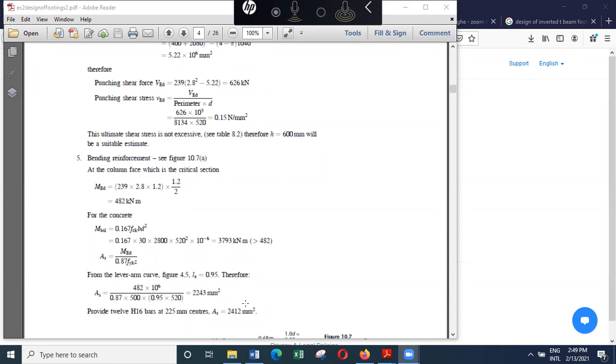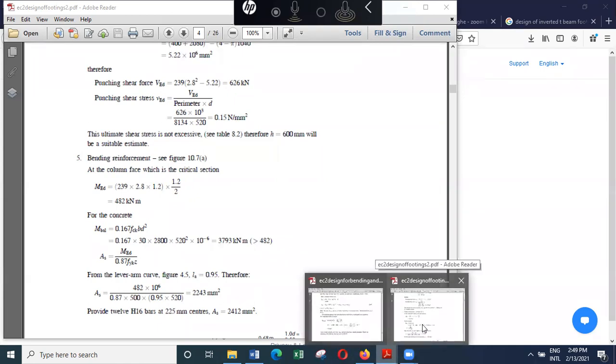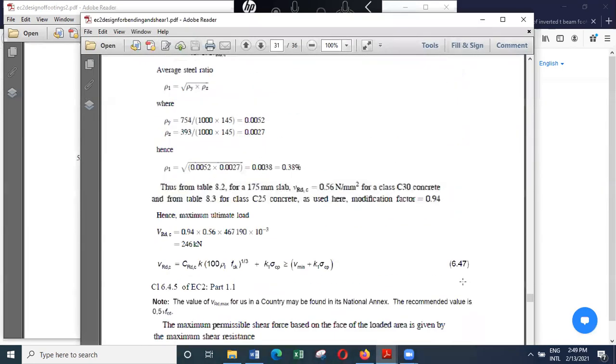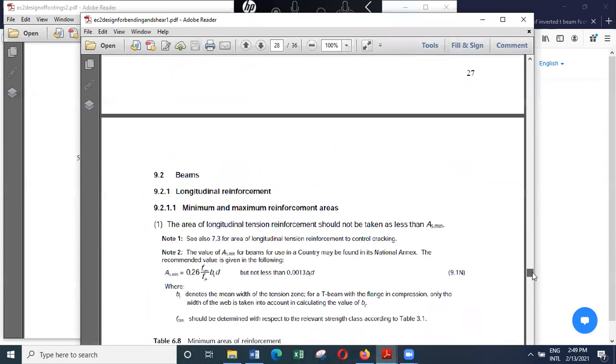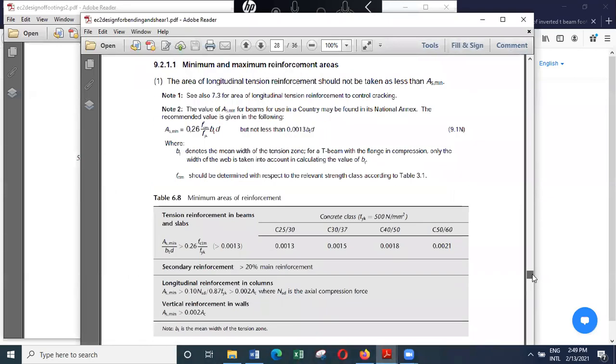Breadth is 2800, depth is 520. So you'll end up with 0.16 as the ratio 100 As/bd, whereas the minimum requirement is 0.15, as you can see in this particular table.